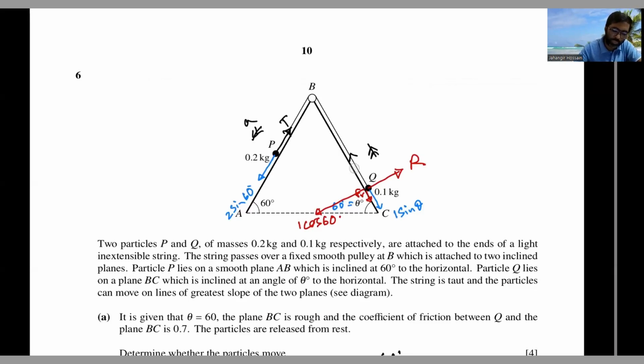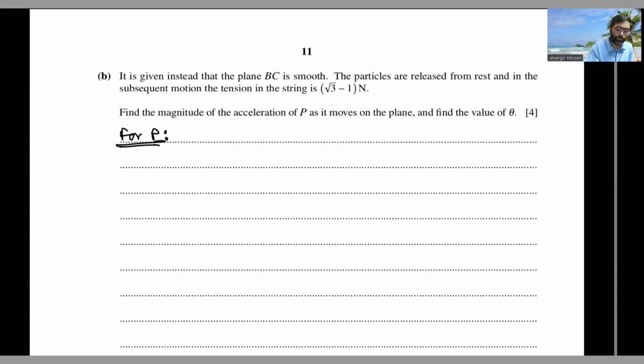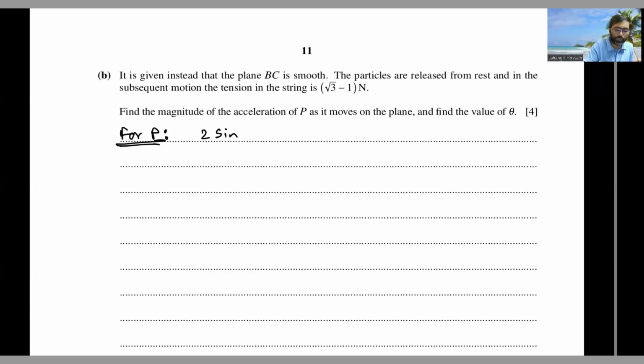For Q, tension minus component of weight equals mass times acceleration, with no friction. For P first, 2 sin 60 minus T equals 0.2 A. T is root 3 minus 1, so 1 equals 0.2 A. So A is 1 by 0.2, that's 5 meters per second squared.